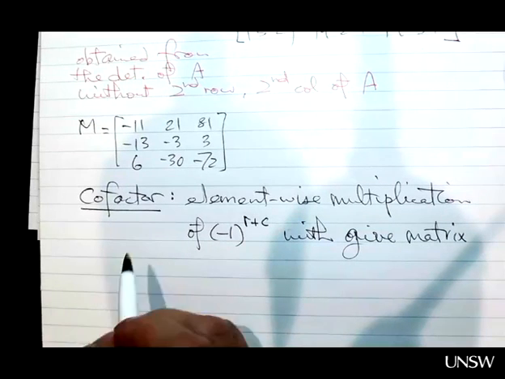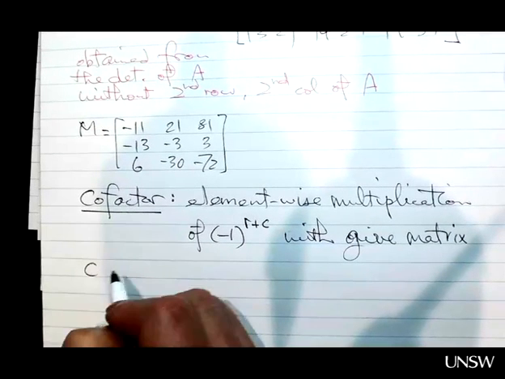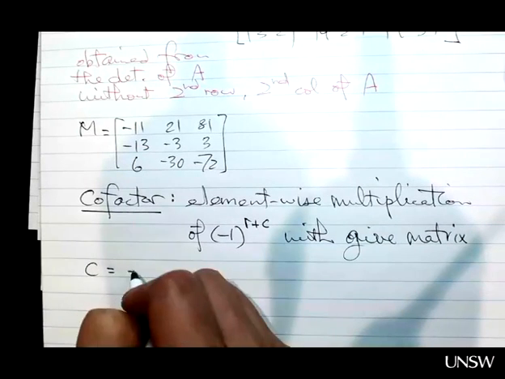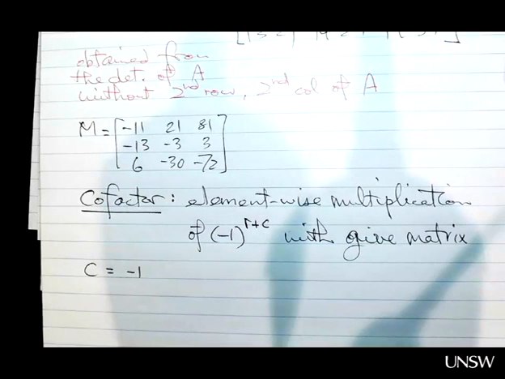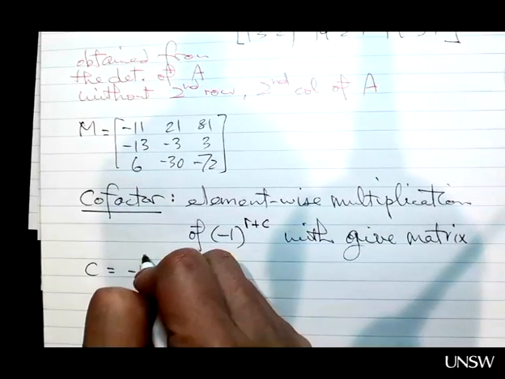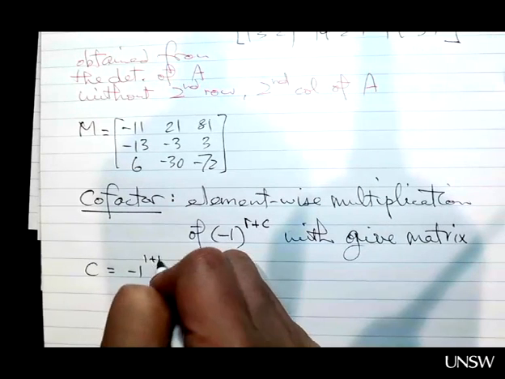Okay, now the cofactor, it is -1. The first element is first row, first column.